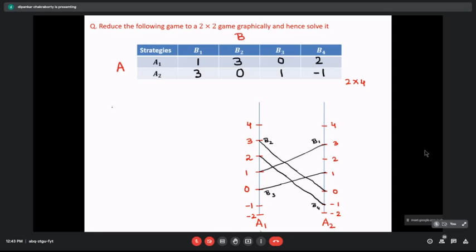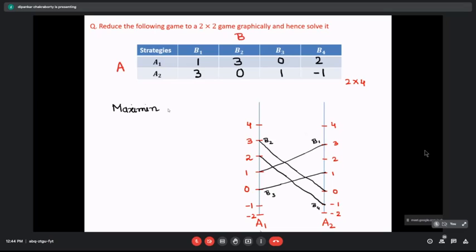And the rule for player A was, what was that? Maximin. The rule for player A was maximin. What is the meaning of that? Those who have attended the last class know very well. First of all, we take the minimum, and then we take the maximum. That is the meaning of the rule maximin. Clear? Okay to all of you?